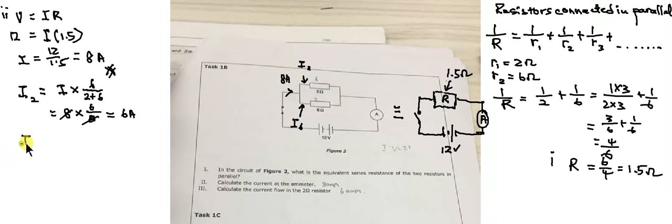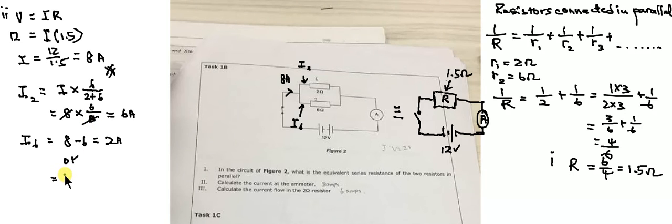Now I6, the current that flows through the 6 ohm resistor, will be either 8 minus 6 ampere, which gives you 2 ampere, or you can do it using the same thing.